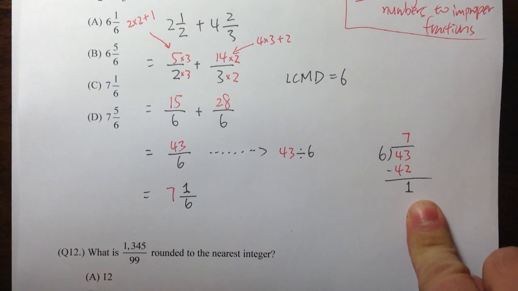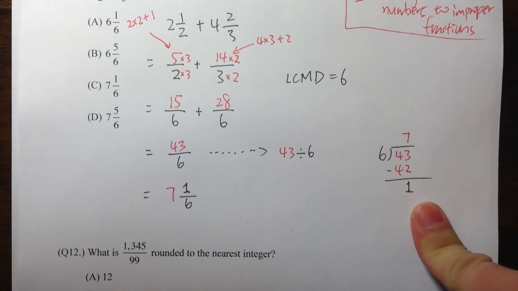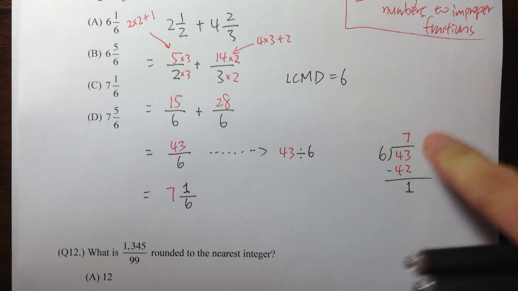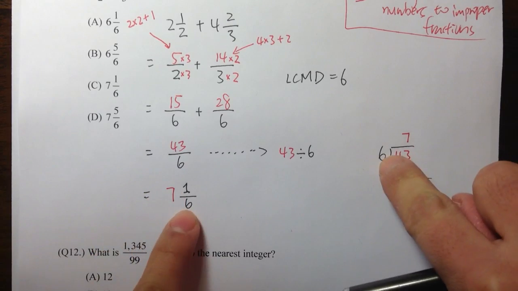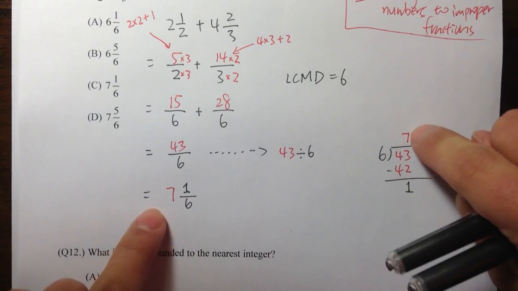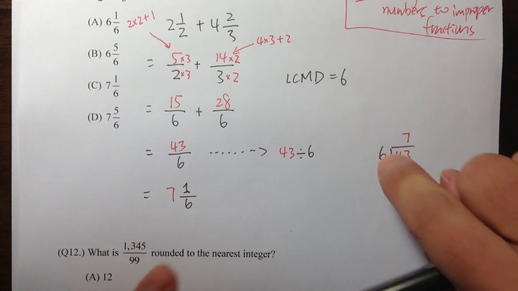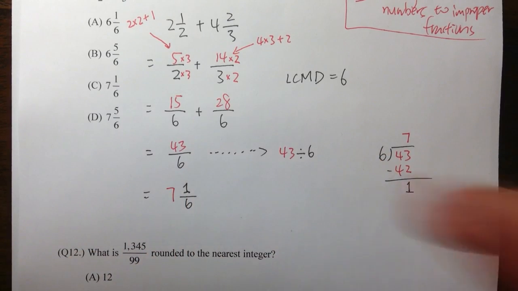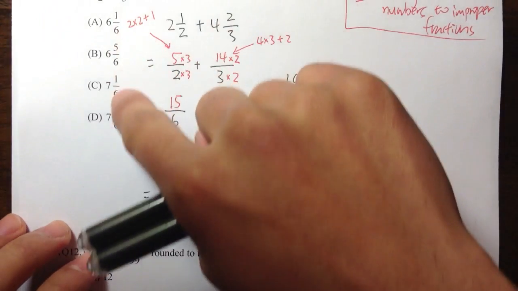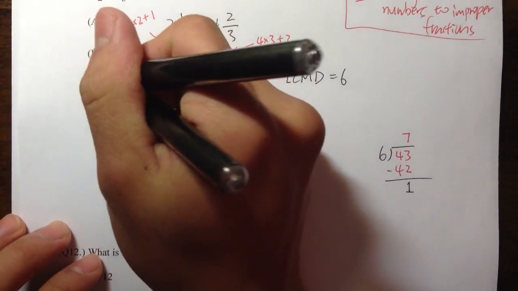We don't want to keep going. We are not going to use decimals for this. Instead, we are going to just write this as 7 and 1 over 6. One more time: 7 and 1 over 6. The denominator stays the same. Luckily, that's the answer choice C. And that's actually the correct answer as well.